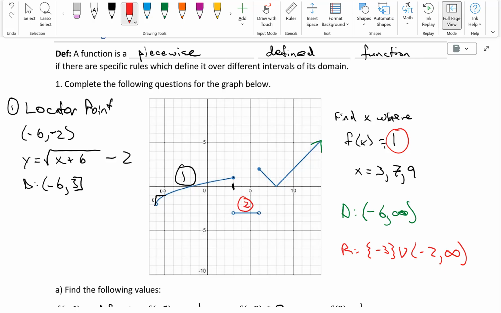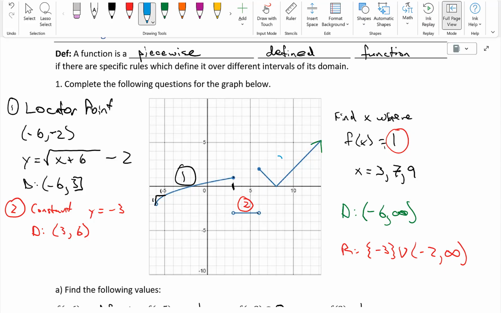You'll see them more with like the x between -6 and 3 sort of thing. But we'll write it below. For piece 2, we've just got a constant function. Our value there, y is always -3. And the piece we're on runs from an open 3 to an open 6, right? We don't actually include either of the endpoints for that piece of the function.